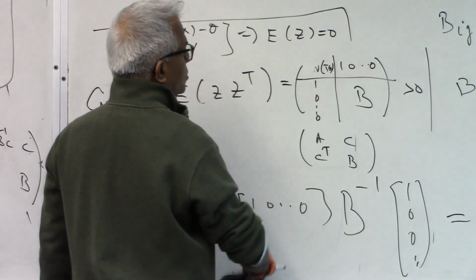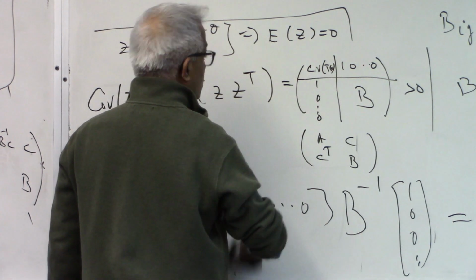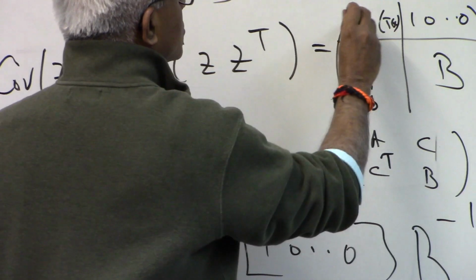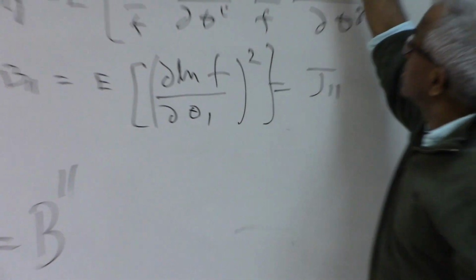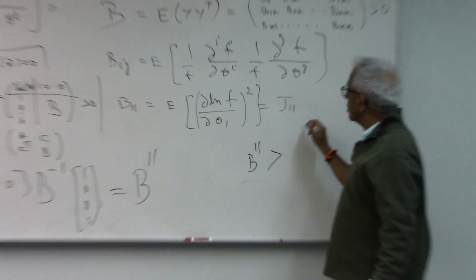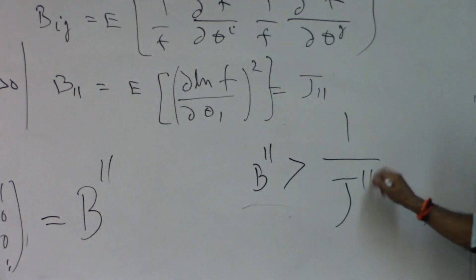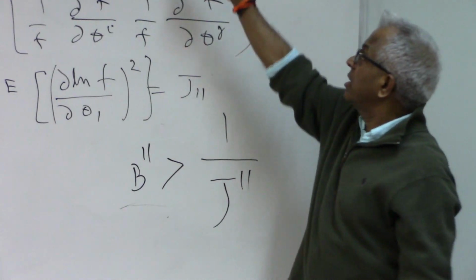So what's the moral of this story? Again, you can do exactly the same way. This is variance, right? So B is here. You can show the same way that B11 is greater than, using exactly the same procedure, 1 over J11. Remember, previously we had a J matrix.